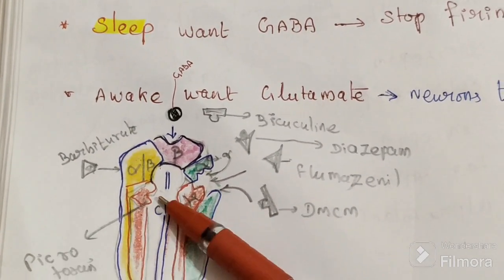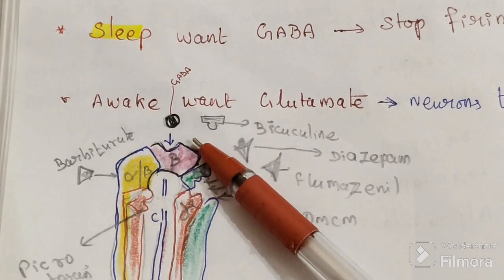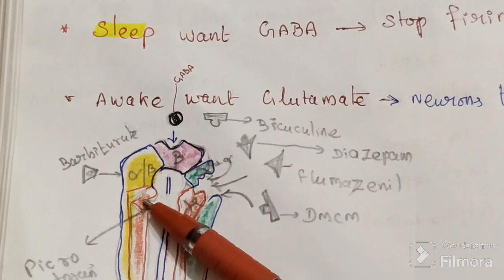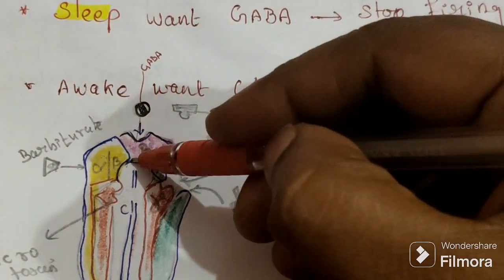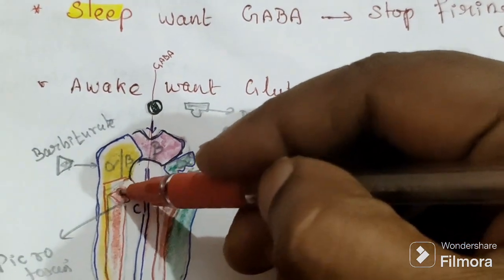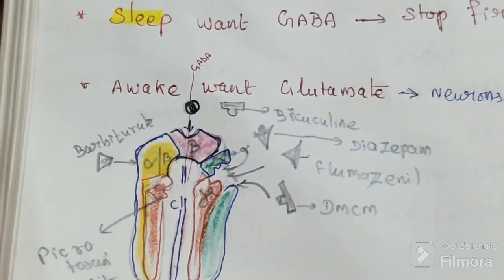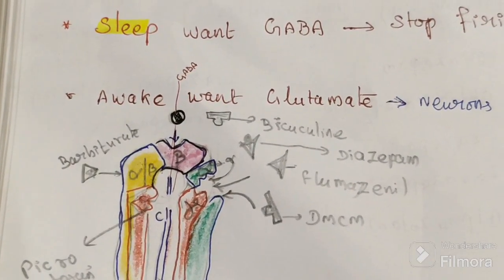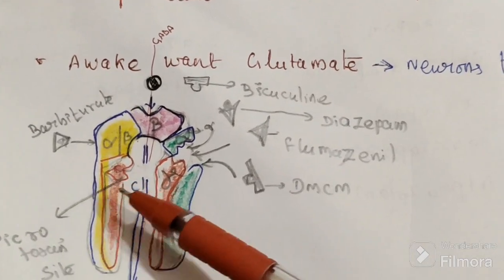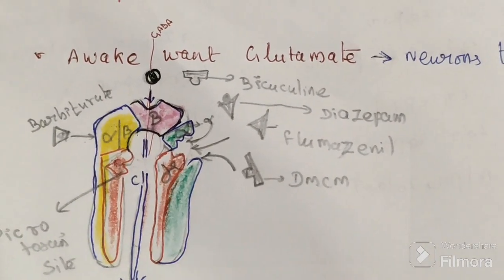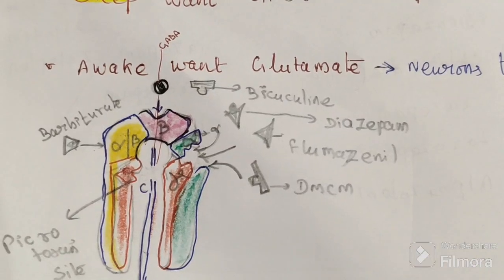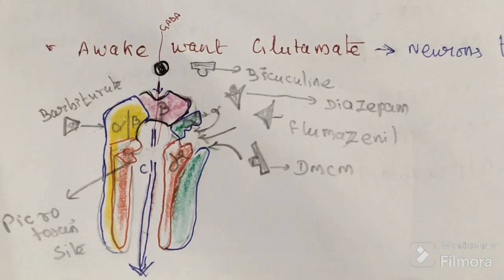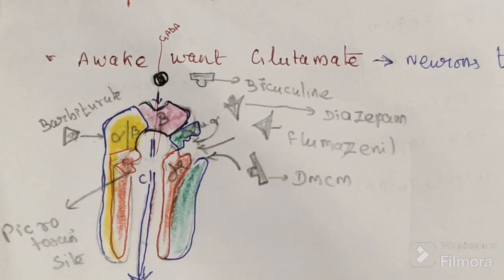When GABA binds with this receptor, the chloride channel will open. So chloride will go inside, see that arrow, and when chloride goes inside, it will hyperpolarize.